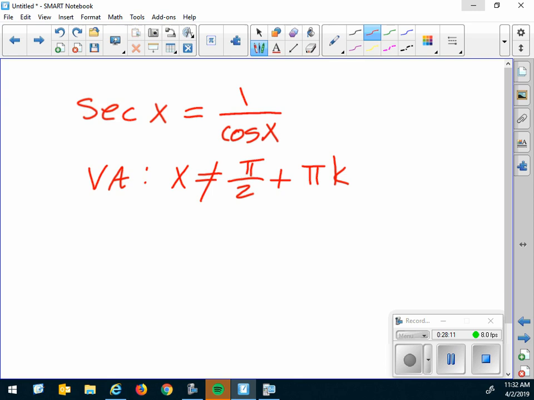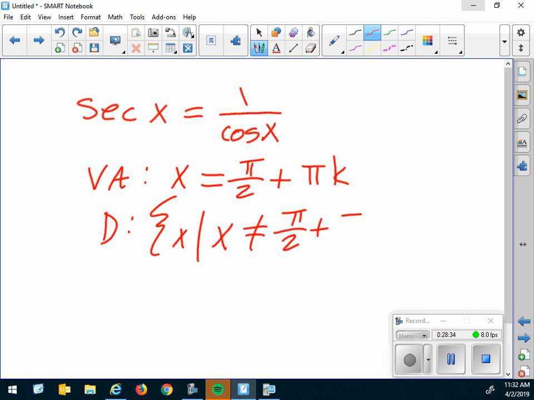And we're going to look at domain and range. So you ought to know that in the domain... Oh, snap. I should put equals there, shouldn't I? That's where the vertical asymptotes are. I was getting domain and range, or domain and vertical asymptotes put together. The domain leaves out the vertical asymptotes.